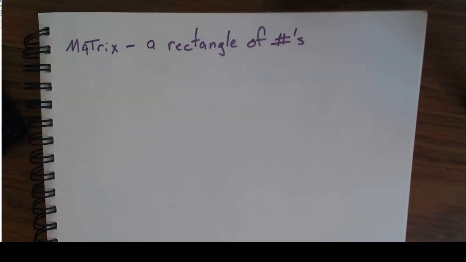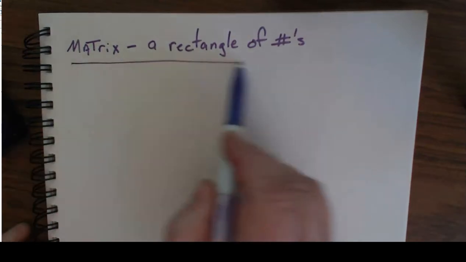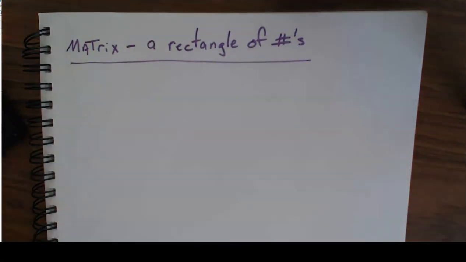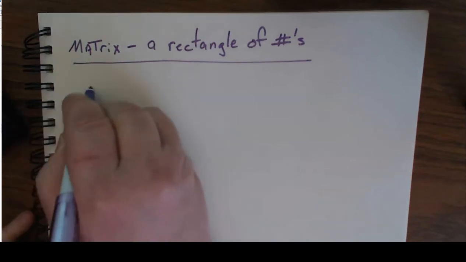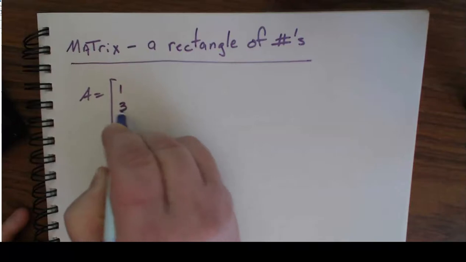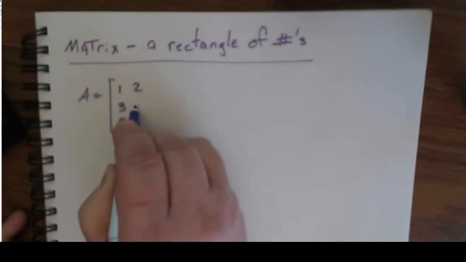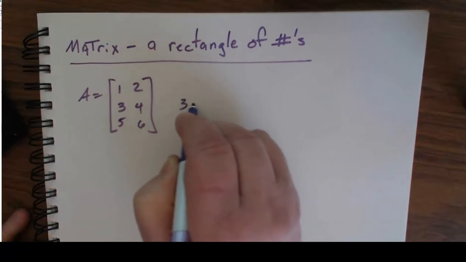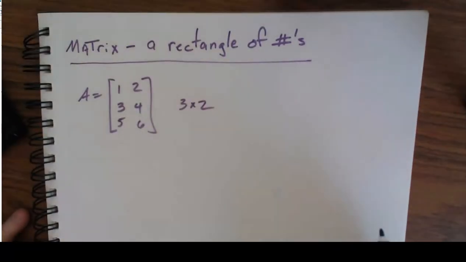So first off, let's just start with a matrix. A matrix is a rectangle of numbers. That's all it is. I have two of them over here on Maple that I made up. Here's my A matrix. So A has 3 rows and 2 columns, so we would call this a 3 by 2 matrix.